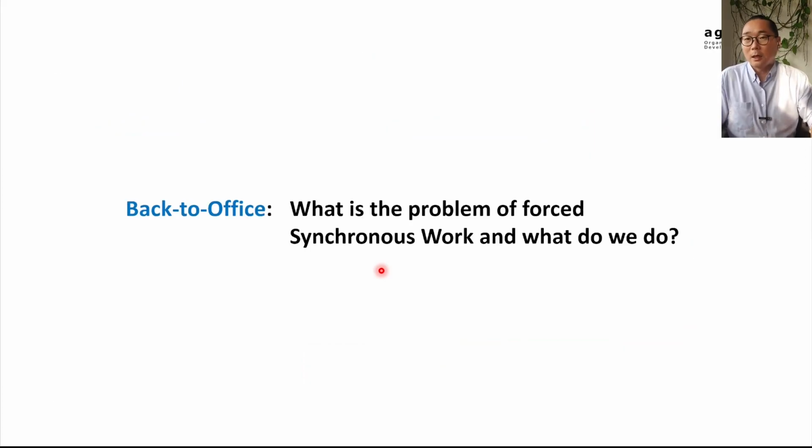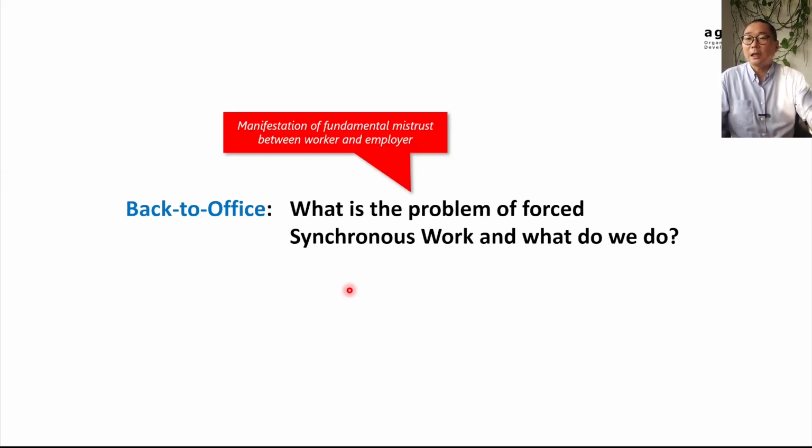Finally, big question on the whole back to office phenomenon. What is the problem of forced synchronous work, and what do we do? Forced synchronous work is a manifestation of the fundamental, even before COVID times, mistrust between worker and employer. We still drag the factory model of organizations from 1920s Taylorism.